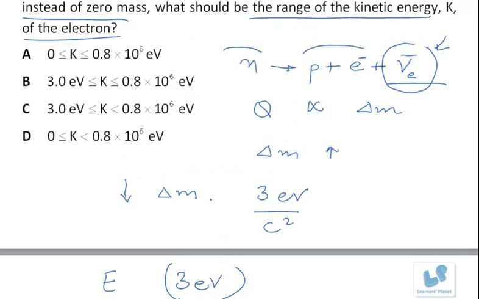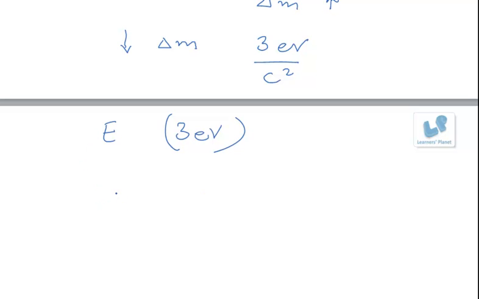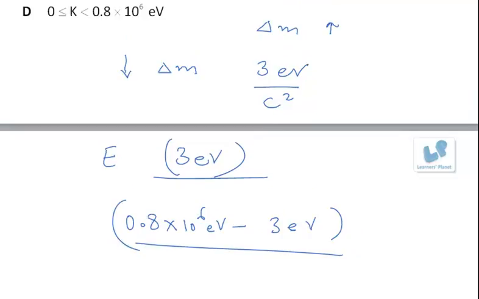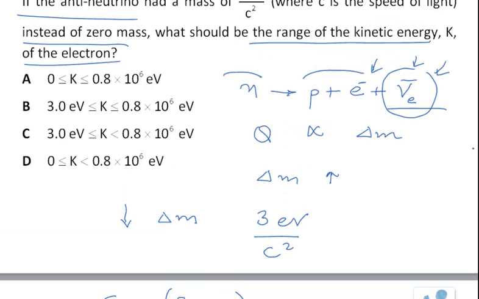So the total kinetic energy that the electron can have will be slightly lesser by an amount equal to 3 electron volt. So the value was 0.8 into 10 to the power 6 electron volt minus 3 electron volt. Now the energy is slightly lesser, and this total energy will now get distributed between both electron as well as antineutrino.